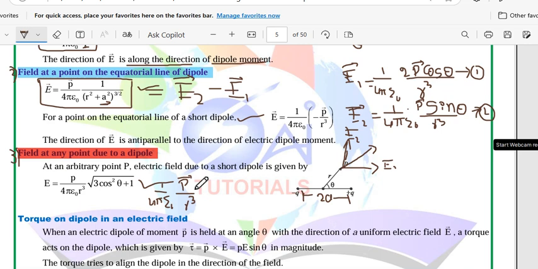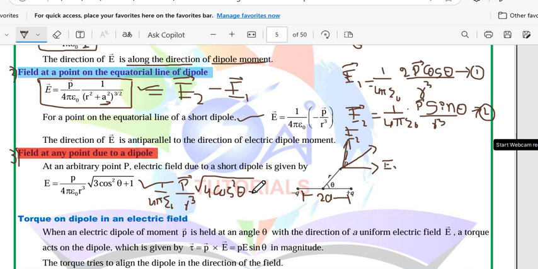by taking the roots, 2 will become 4, 4 into cos square theta. Am I right?